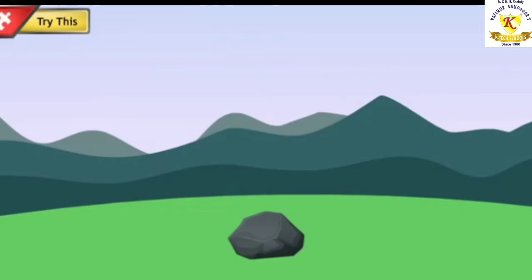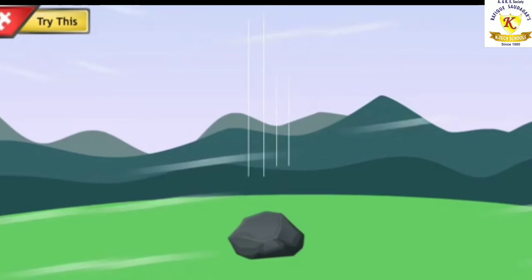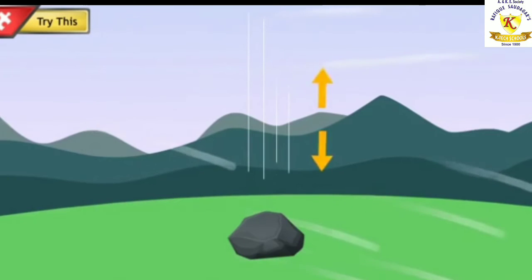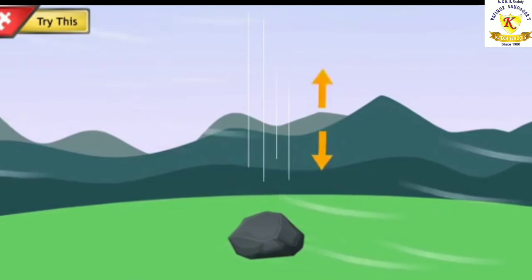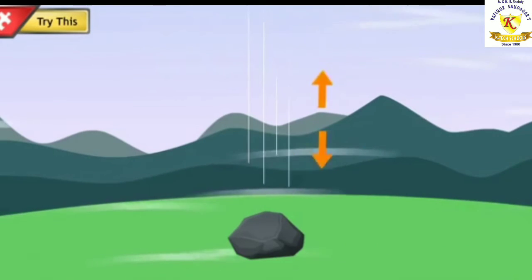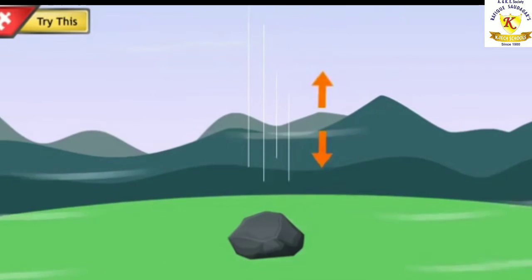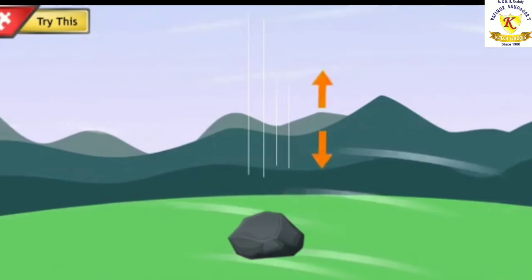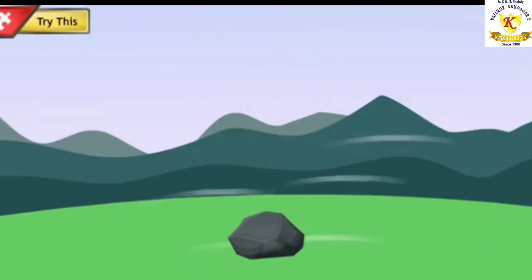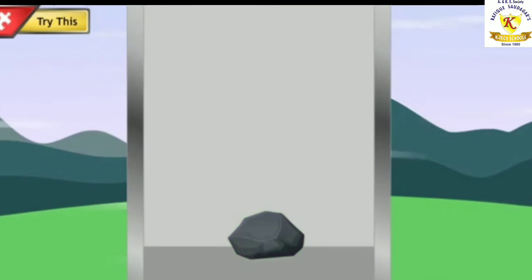During free fall, the frictional force due to air opposes the motion of the object, and a buoyant force also acts on the object. Thus, true free fall is possible only in vacuum.